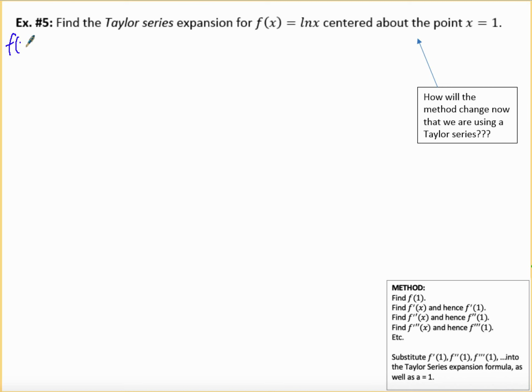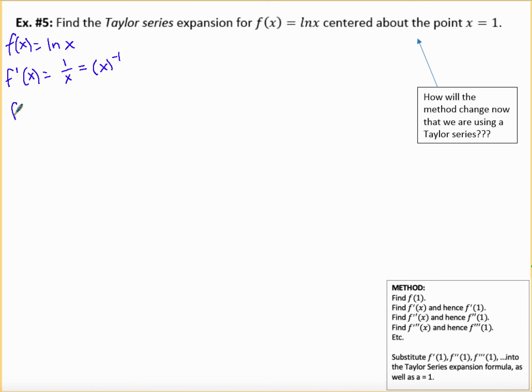Starting with f of x. Well, f of x is equal to the natural log of x. Okay, f prime of x. Well, the derivative of the natural log is 1 divided by the argument. And I can rewrite that kind of like a power series. So I've got x to the negative 1 power.